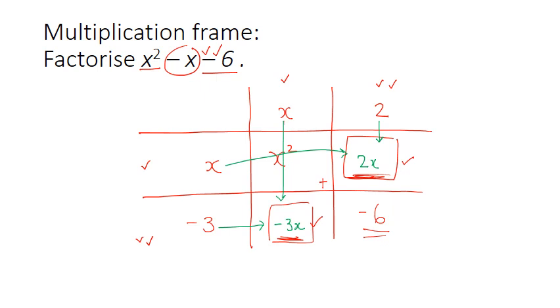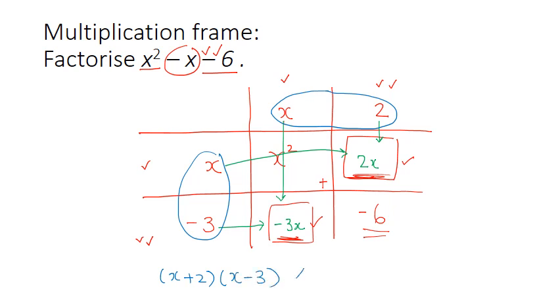And so from here, we are able to factorize our expression by looking at this portion of the frame and this other portion of the frame, and the answer will be x plus 2 times x minus 3.